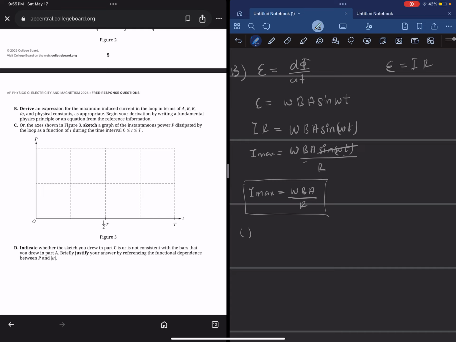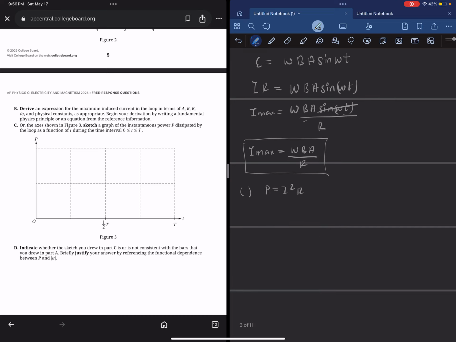Part C. On the axis, graph the instantaneous power dissipated. Okay, power is I squared R, right? So if you square that, well, of course, that's a function. Your current function is omega BA sine omega t over R, and then you square that.